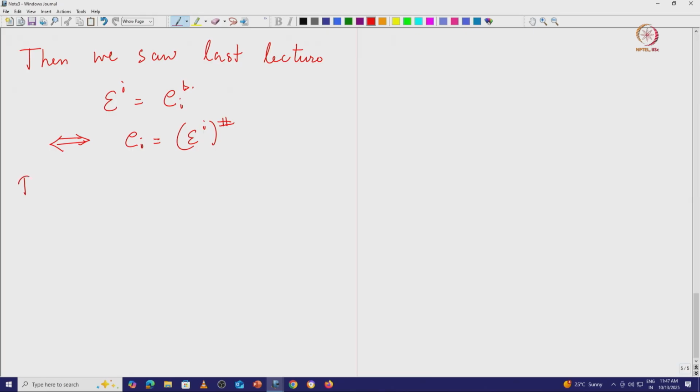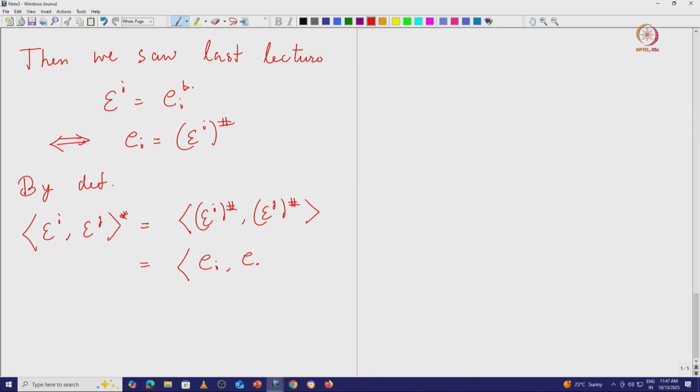But then by definition, if you take the dual inner product of these two, that's going to be the inner product after you apply the sharp operator, which is the same as the inner product of Ei Ej.